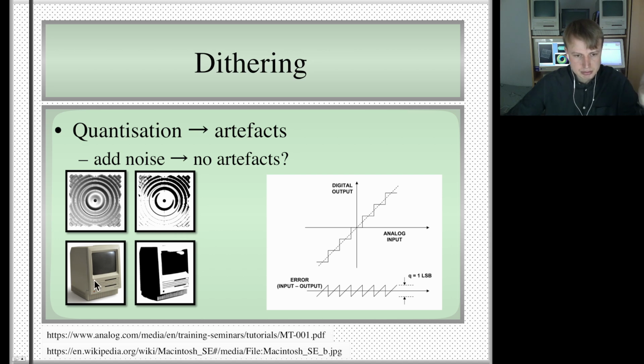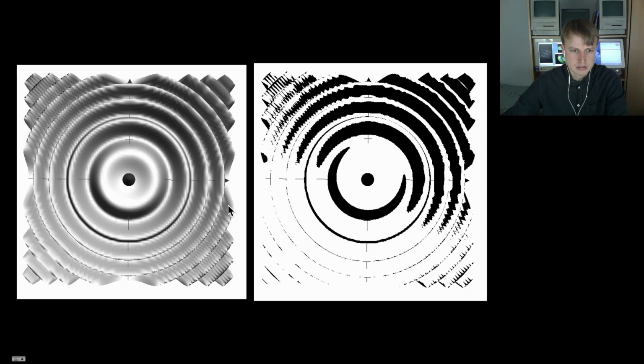The same is also in this image of the computer, where the quantization is not just from grayscale to black and white, but from a colored image to black and white, and then we lose a lot of information. I will zoom on these two images, so you can see this part and this part here.